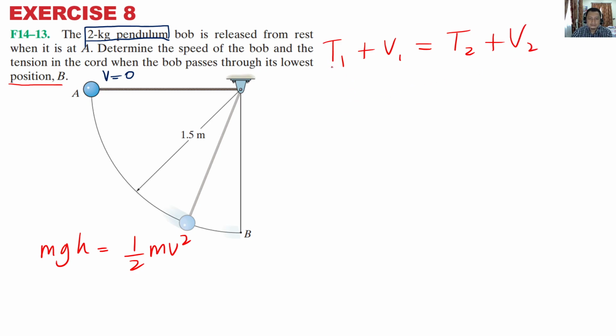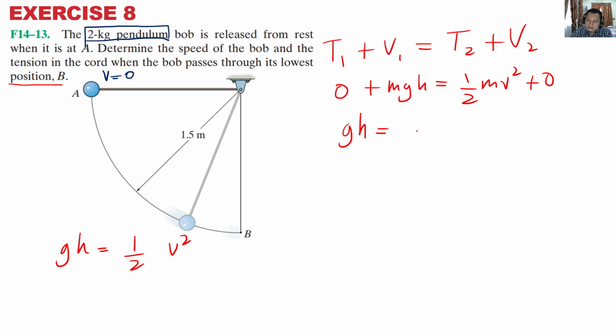T1 is 0, V1 is mgh, T2 is half mv squared, V2 is 0. Yeah, same. The formula becomes gh is equal to half v squared.